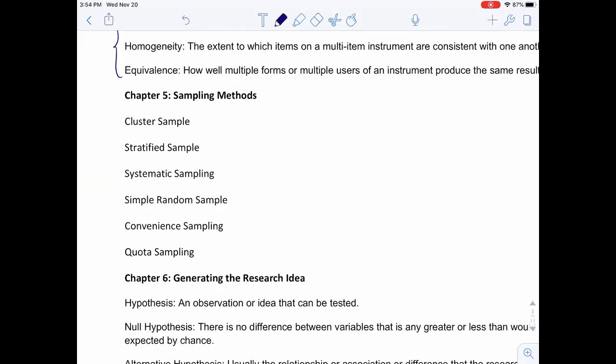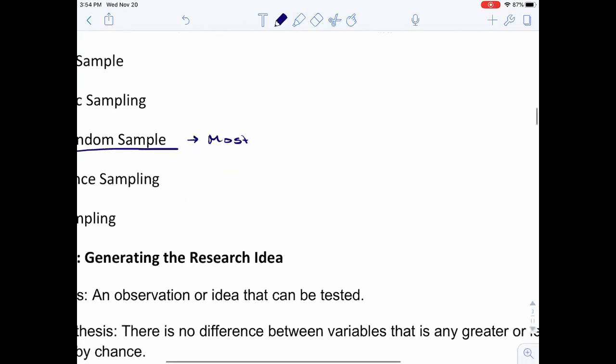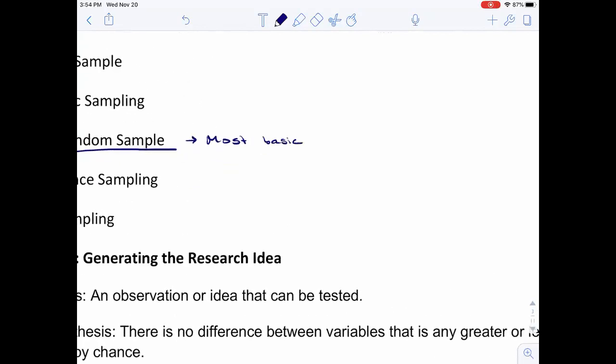The main one that I'm concerned with is just a simple random sample, because that's our most basic probability sampling. So what I have to add on here is probability sampling. This is the most basic form of probability sampling.